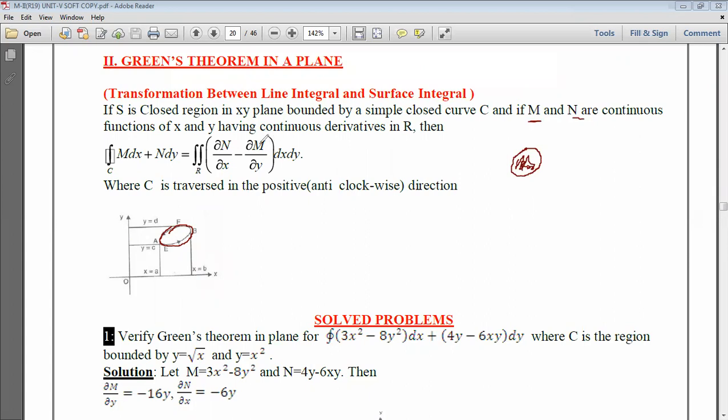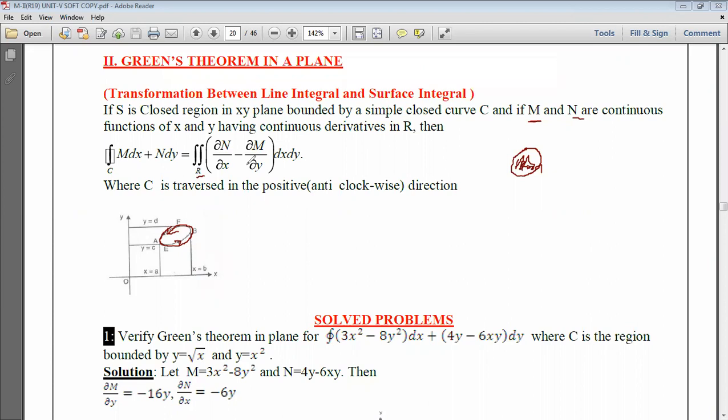Then the integral of M dx plus N dy over the curve C is equal to the double integral of dou N by dou x minus dou M by dou y dx dy over the region R, where the curve C is traversed always in the anti-clockwise direction. So it starts from here, in the anti-clockwise direction.